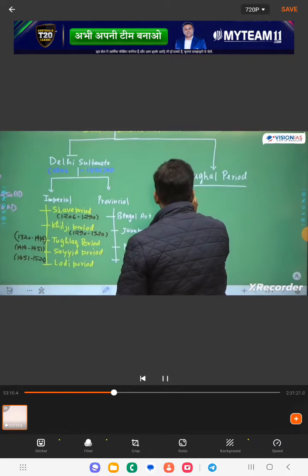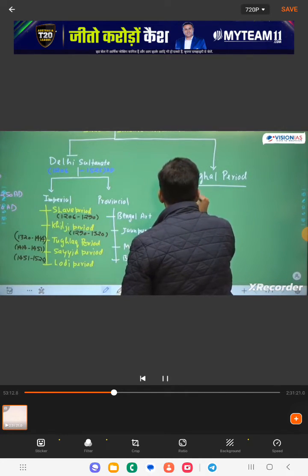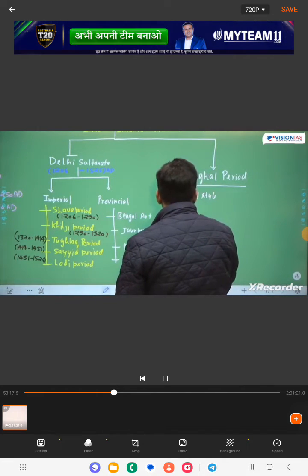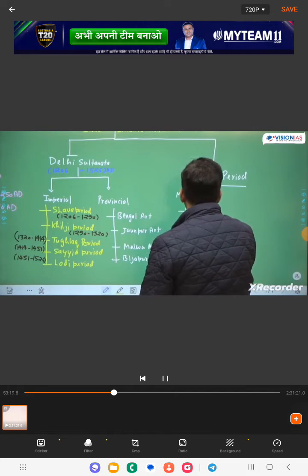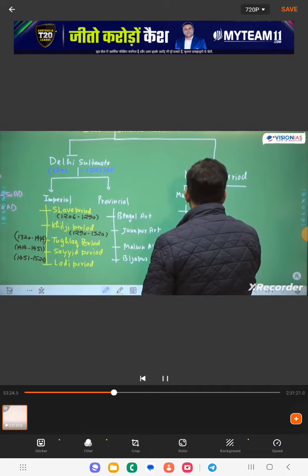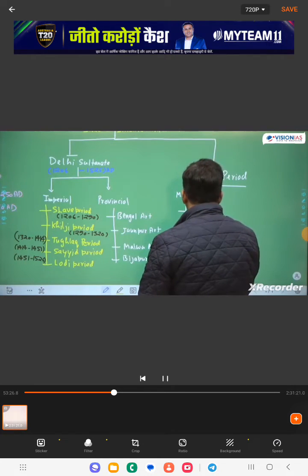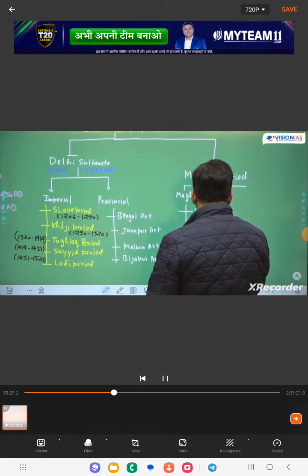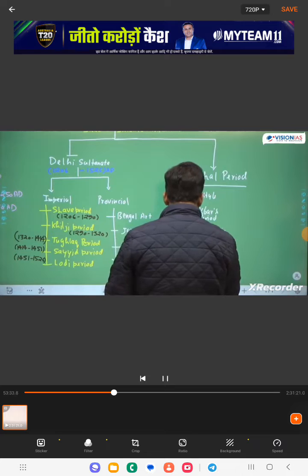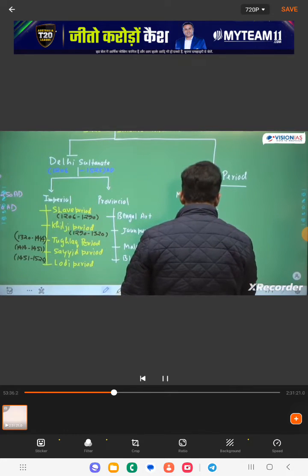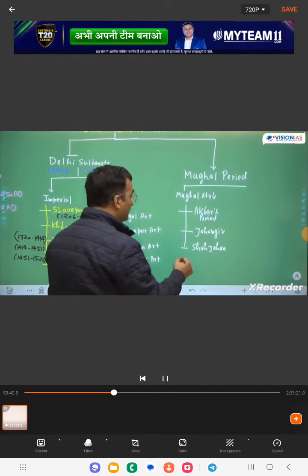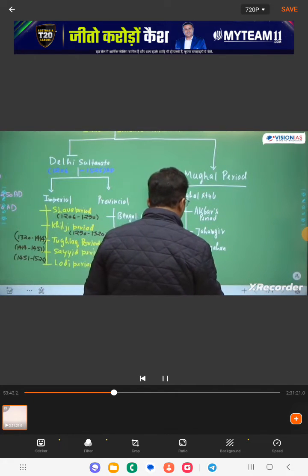So first of all, here I am writing Mughal style. Period wise, Akbar's period, number 1, then Jahangir, and then Shah Jahan, and then the last one would be Aurangzeb.